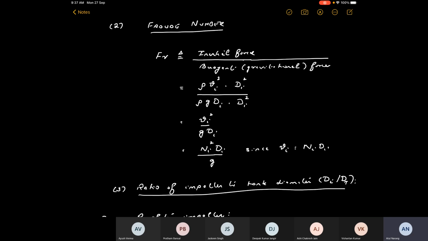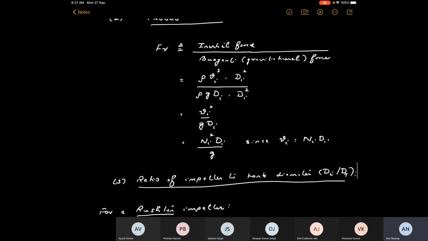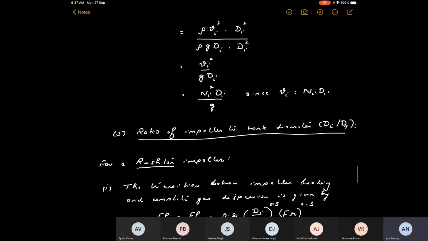The ratio of these gives you v_i squared over g D_i, and since v_i is equal to N_I D_I, the impeller tip speed, you end up with N_I squared D_I over g.